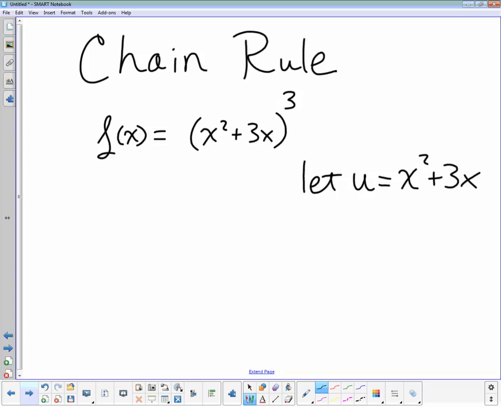So now this becomes very simple. And I can take the derivative of that in my sleep. So can you. But that's not really what I'm trying to find. So let me get my notation right.